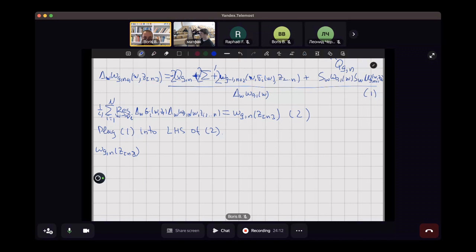Once you take the residue, they do not contribute to the residue. And if we understand it, then we're done, because this is just what is written in the definition of topological recursion. This is some prime, this is this first summand omega g minus 1 n plus 2, and this is the prefactor which we already discussed now. So this should disappear somehow. Yes?